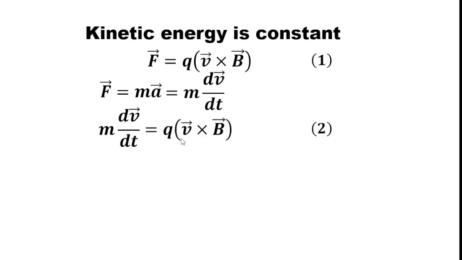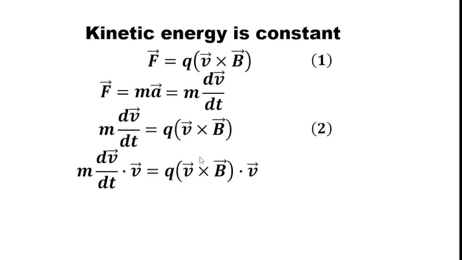In order to eliminate the right hand side of equation 2, we take the dot product on both sides of equation 2 with velocity vector v. By definition of cross product, we know that the cross product of v with B, that is v cross B, is equal to a vector that is always perpendicular to both the velocity vector and the magnetic field vector.